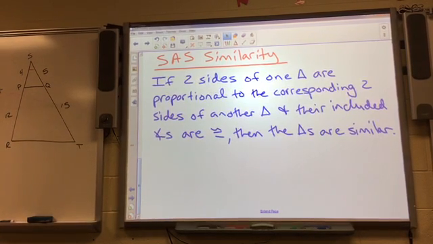If two sides of one triangle are proportional to the corresponding two sides of another triangle, and their included angles are congruent, then the triangles are similar.